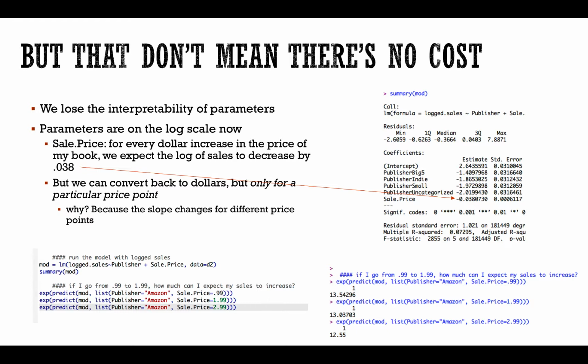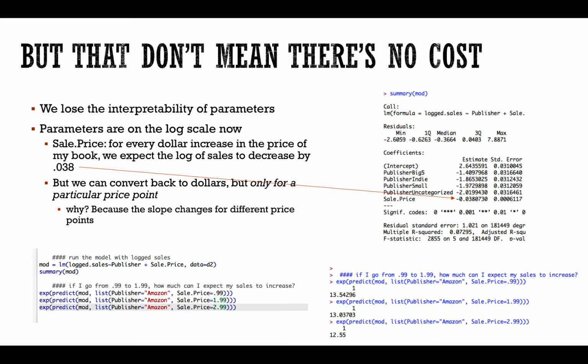So in this example, if we were to exponentiate the prediction, if my book price were 99 cents, it would guess that I would sell 13 copies. The dependent variable is sales; I don't know if it means dollars or how many sales I'd make. I can't remember, I forget. So anyway, let's just say it is books sold.